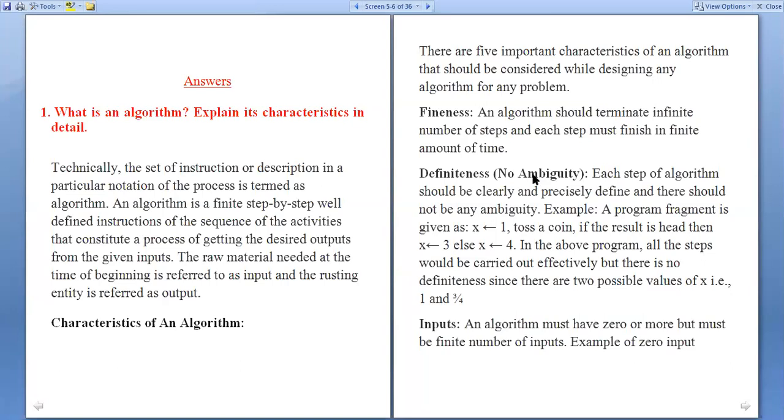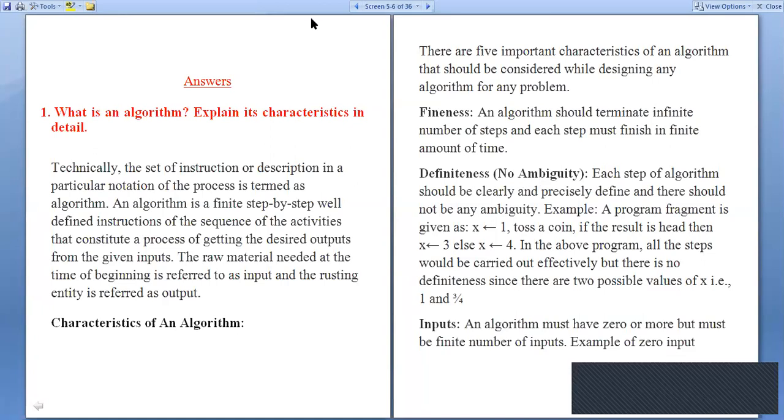Another way is 5 star 3, that is 15, plus 4, 19. That means there is an ambiguity. So we need to consider the precedence and associativity of the operators when evaluating expressions. There should not be any ambiguity in the algorithm. Ambiguities are not allowed.